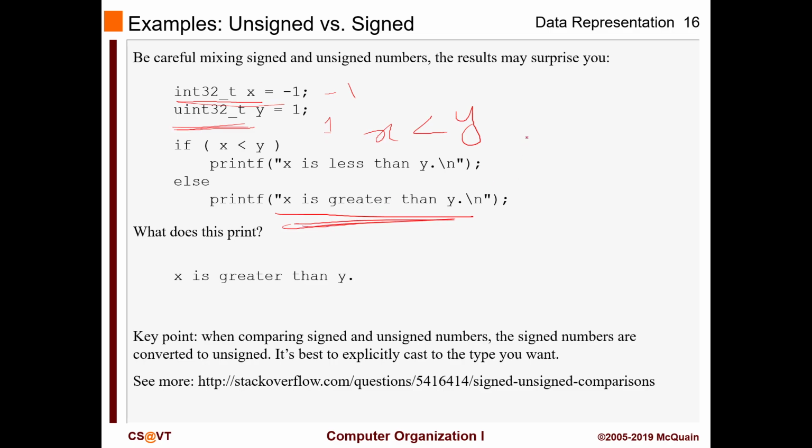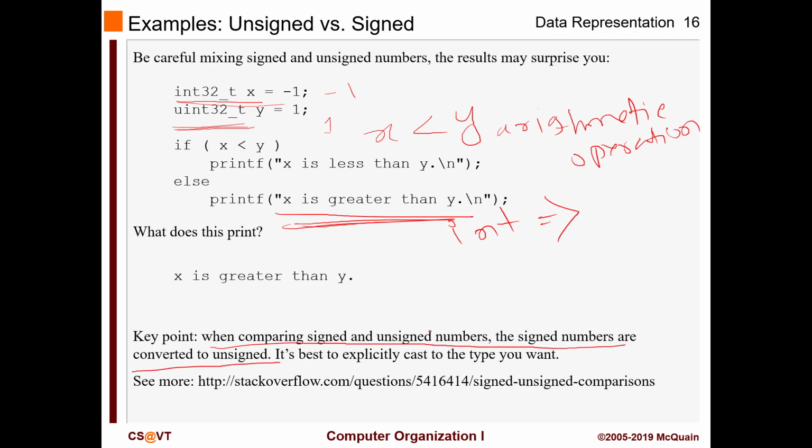The reason that happens is whenever you're doing any sort of arithmetic operation, when comparing signed and unsigned, the signed numbers are converted to unsigned. That's always the case. Int is always going to be converted to uint.